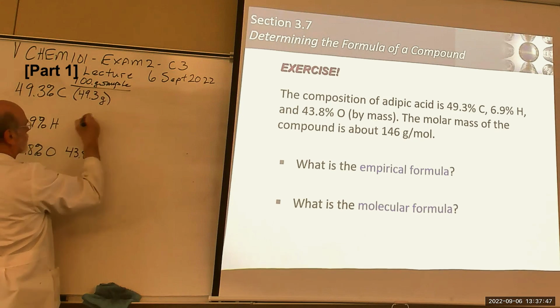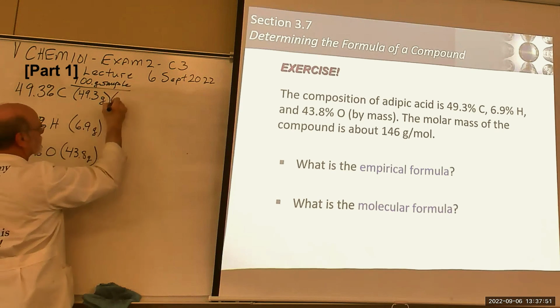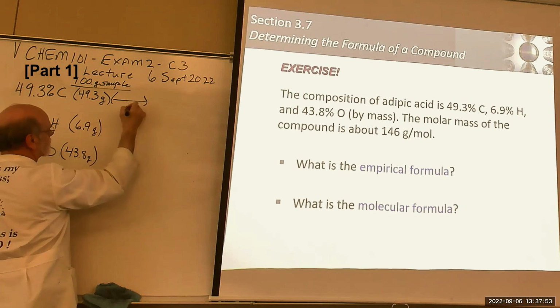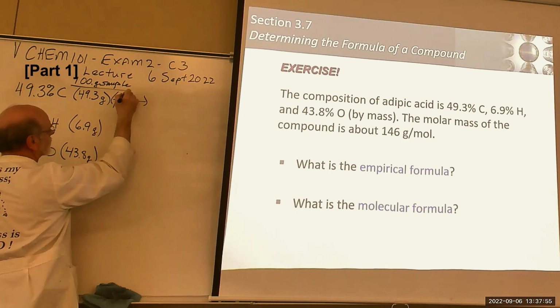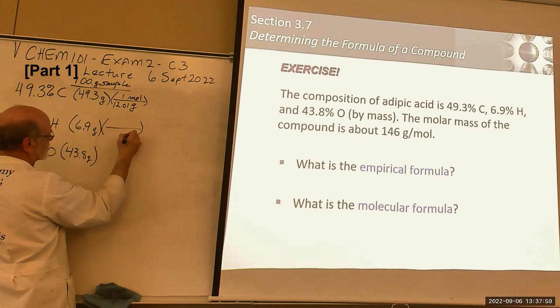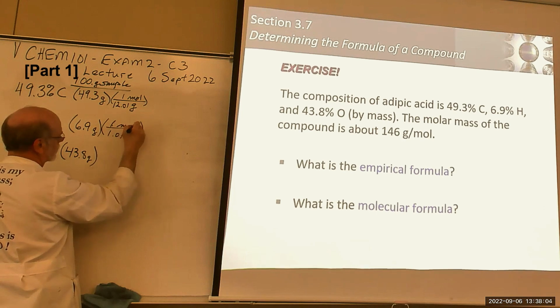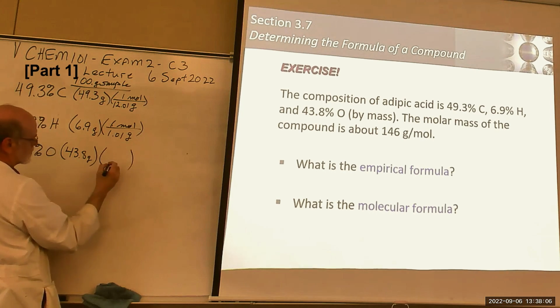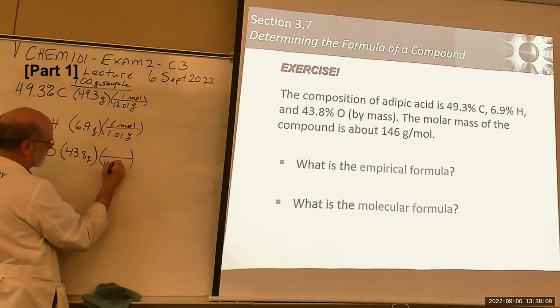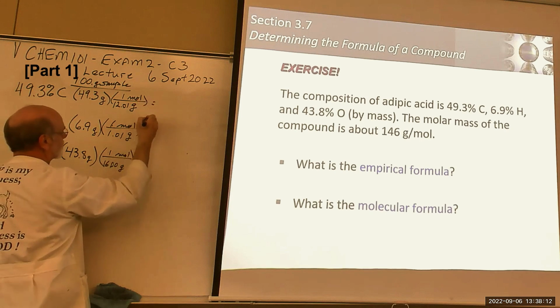Okay, so what are our conversion factors? Carbon, 12.01 per mole. Hydrogen, 1.01 per mole. And oxygen, 16. Okay.